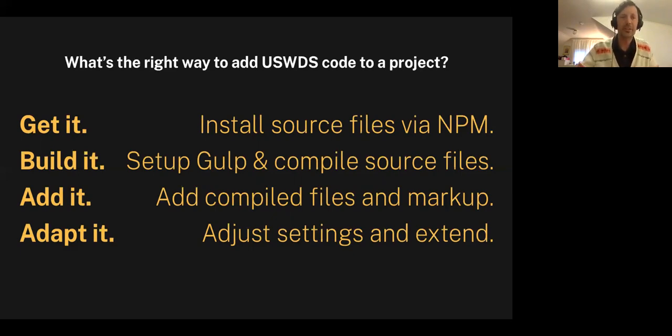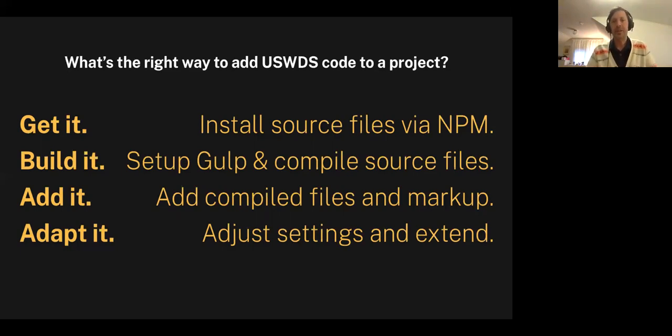To add design system code to a project, you've got to get it, build it, add it, and adapt it. So you've got to install the source files via something like Node Package Manager. You want to build that, you want to compile that code from source with something like gulp, to reach into that source file and compile it into working CSS.